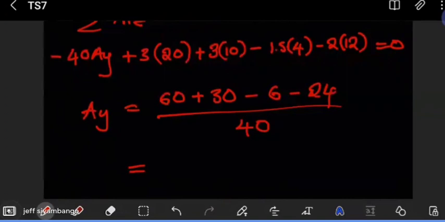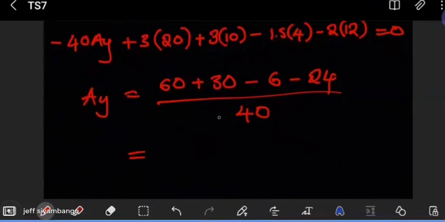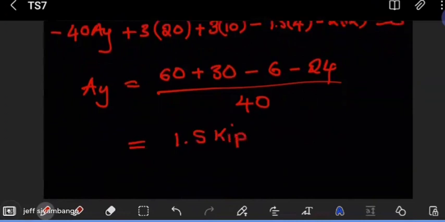I hope you saw it's the 40 AY that went to the right, becoming positive. All the other terms remained on the left. I just rearranged after. Over 60 over what? Over 40. Divide, 1.5. So we have determined the reaction AY.